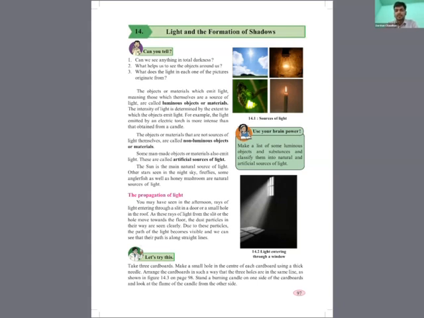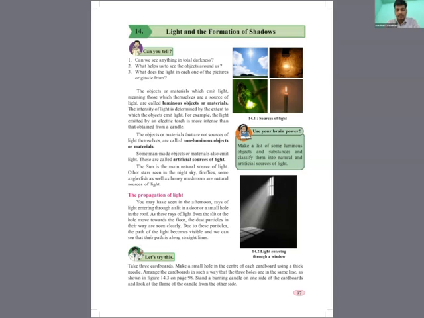Here in this topic, let us know there are two different types of objects: luminous objects and non-luminous objects. The objects or materials which emit light, meaning those which are themselves a source of light, are called luminous objects, which means luminous objects produce their own light.